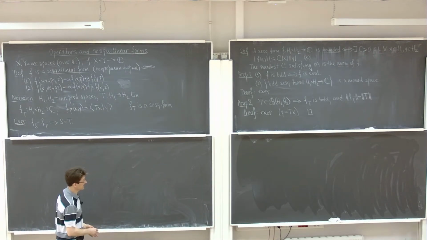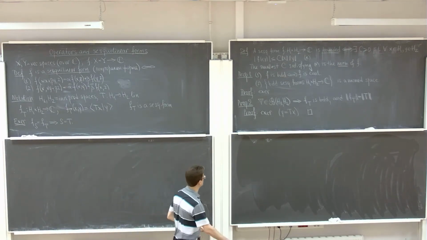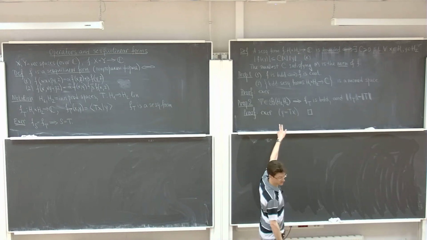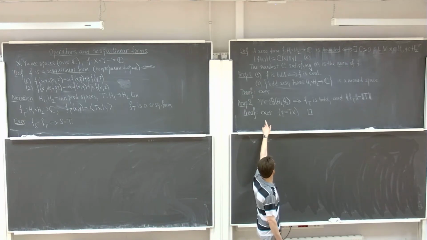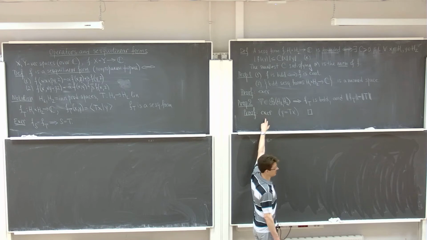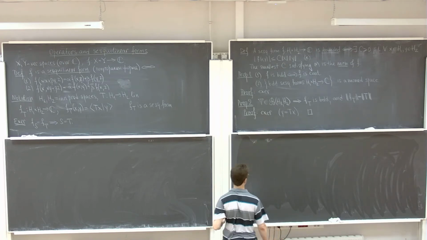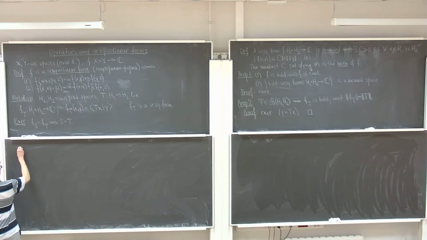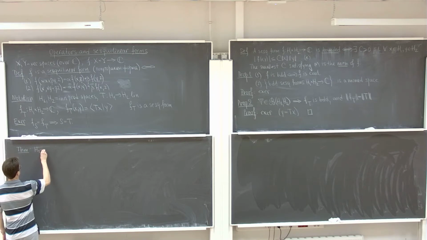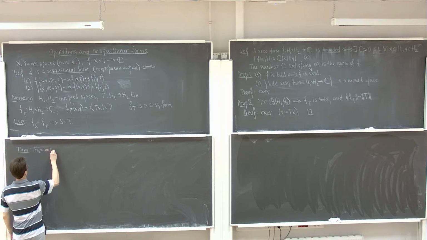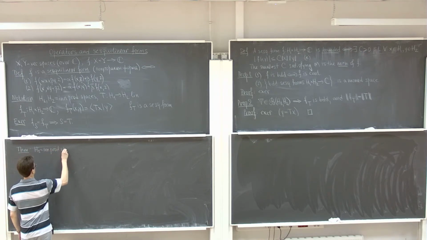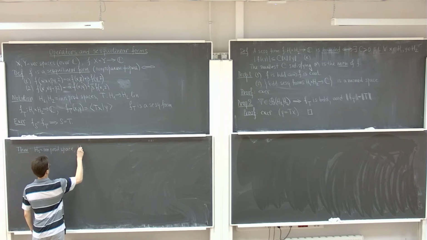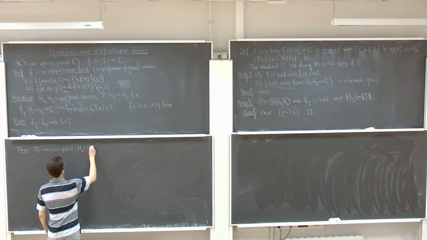It turns out that if H2 is a Hilbert space, then all bounded sesquilinear forms have this specific form. So they are associated to bounded linear operators. So we have the following theorem. Suppose that H1 is an inner product space, and H2 is a Hilbert space.